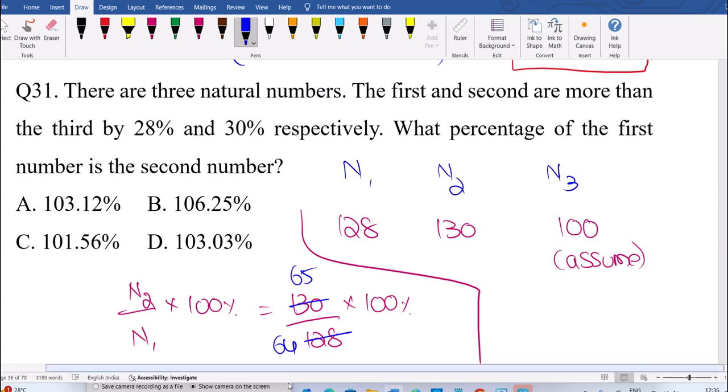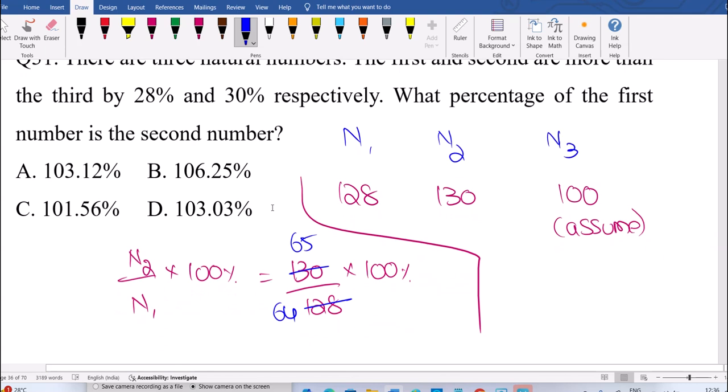That 100 you ignore, but 65 divided by 64. 101 or 103 or what? 101? 65, 64, 1 times, 1 is left over. 1 by 64, yes, it's 1 only, not 3 times. 101 point something will come, so for sure, option C. Percentages related question.